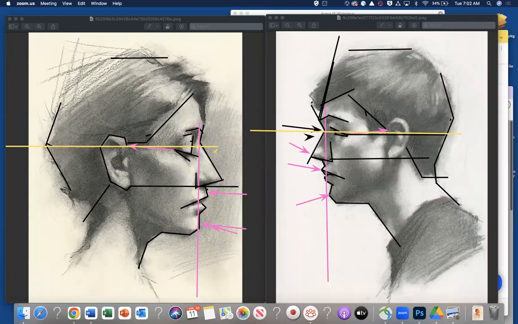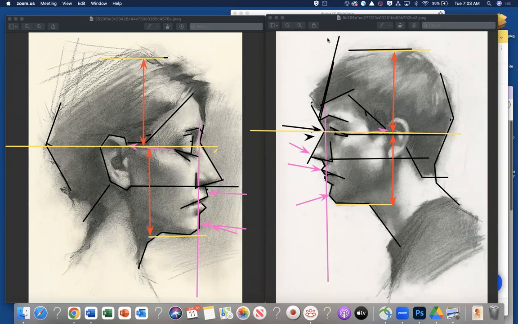So that means from the chin to the top of the head, the distance between here and here should equal the same distance between here and here. So those are some basic structural components to the head itself.